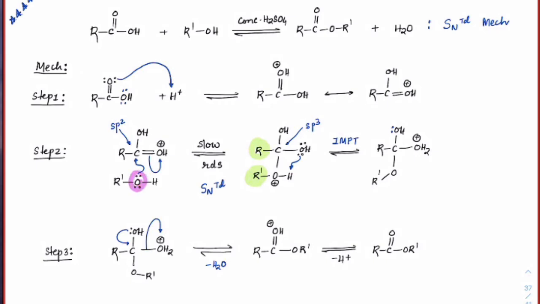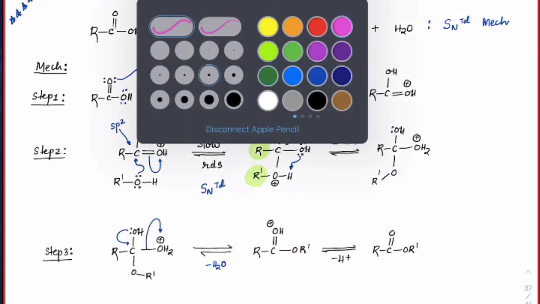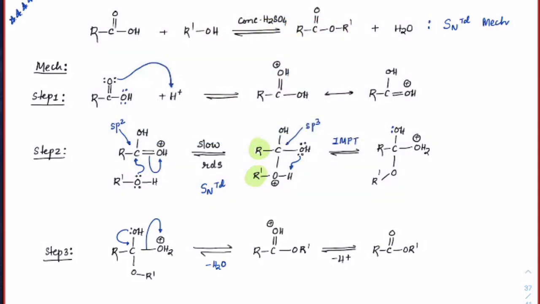If this is the oxygen of alcohol, right, which is present here, here, okay, and here, here, and finally here and here, which means the alcoholic oxygen is not lost during the reaction.